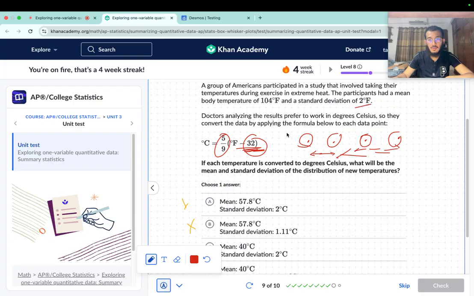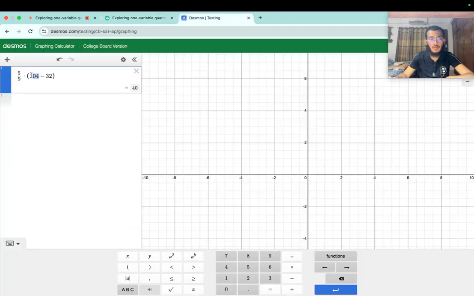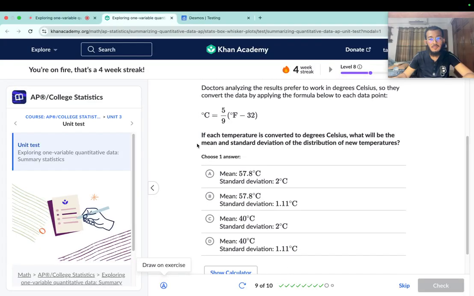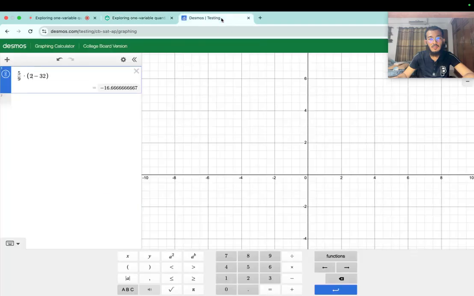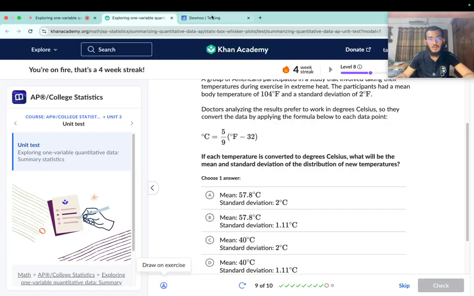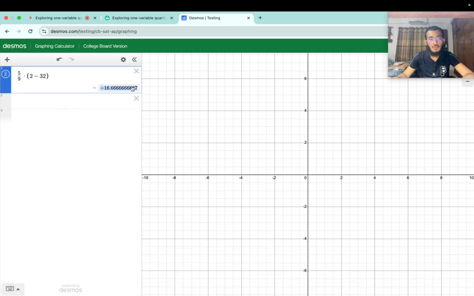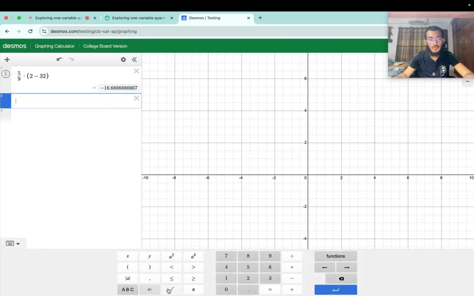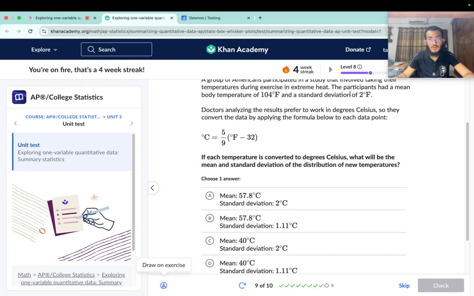So what is the standard deviation? If you have a standard deviation of 2 degrees Fahrenheit, what do we get when we convert it to Celsius?